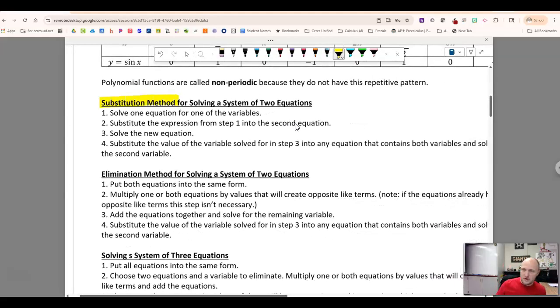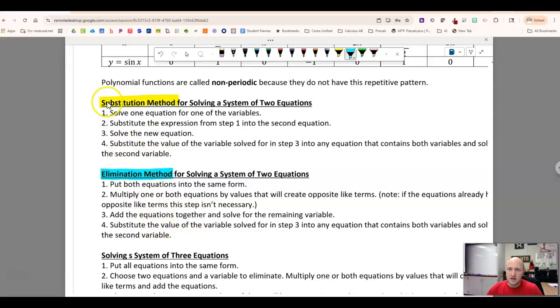Now the substitution method, what you do is you solve for one variable in terms of the other variable, and then you substitute that back in to solve for that variable. Once you have one variable solved, you can plug that value in and solve for the second. Elimination is my personal favorite because I stack my equations and then I either add or subtract them to cancel out one variable. And so again, I solve for one variable and then I plug that back in in order to solve for the other one.